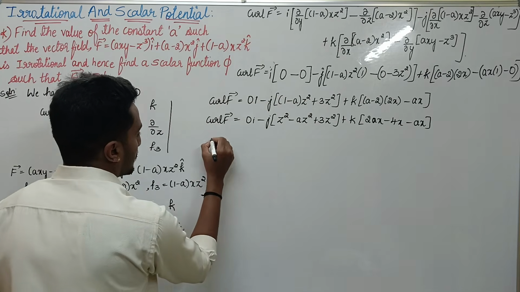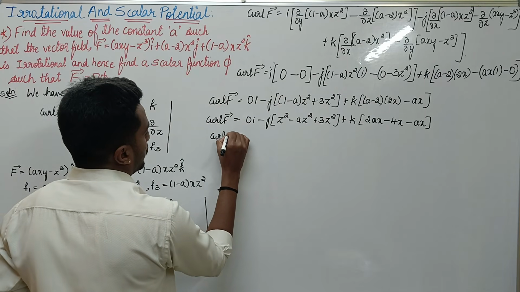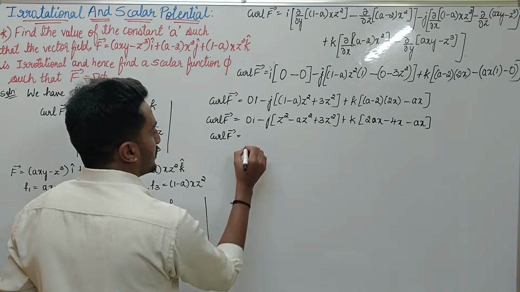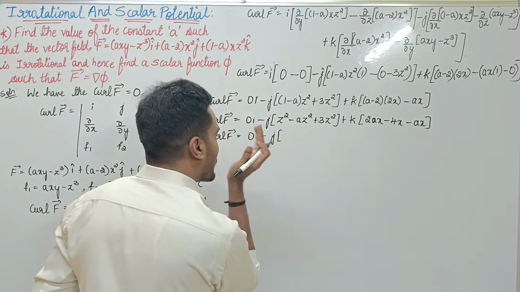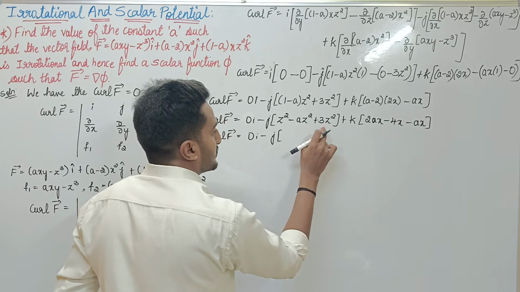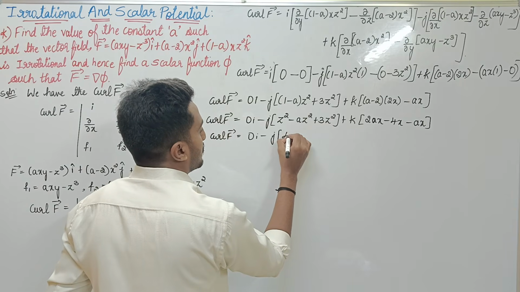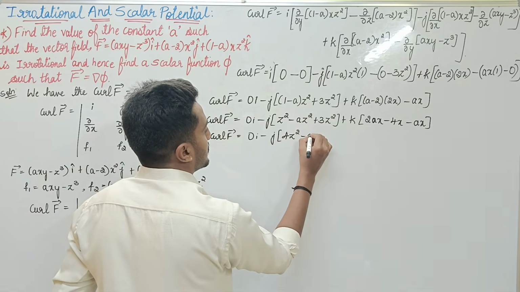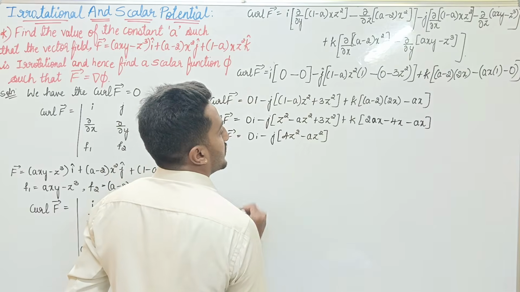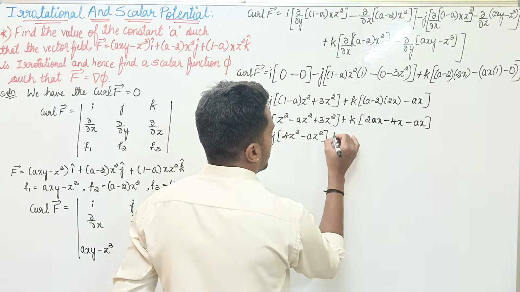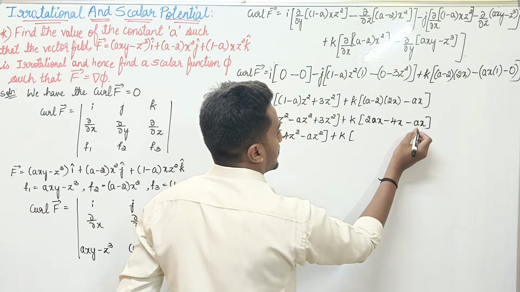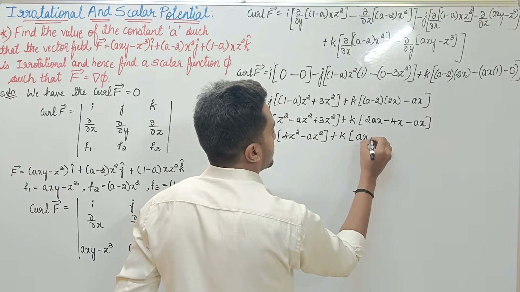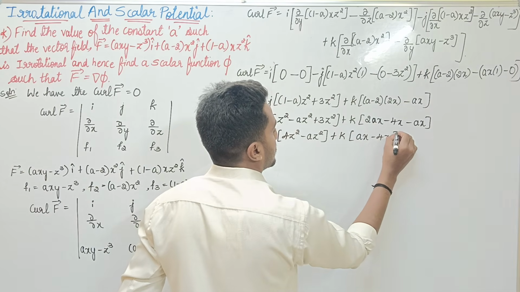Done. Now curl vector f is equal to 0i minus j into, see, z square plus 3z square, you get 4z square minus az square. Similarly plus k into 2ax minus ax, you get ax minus 4x.